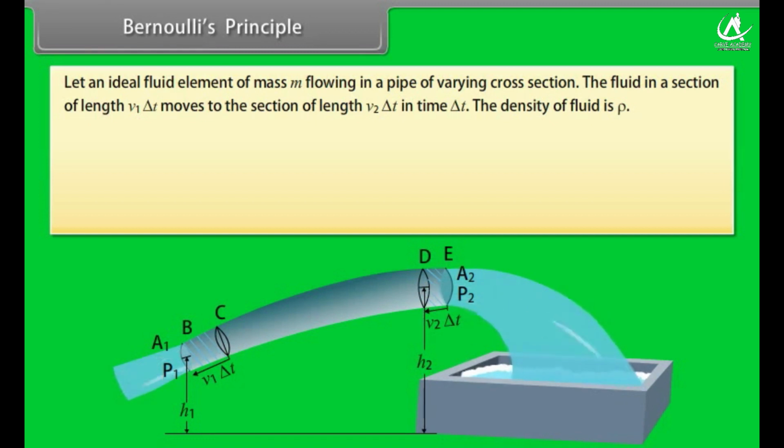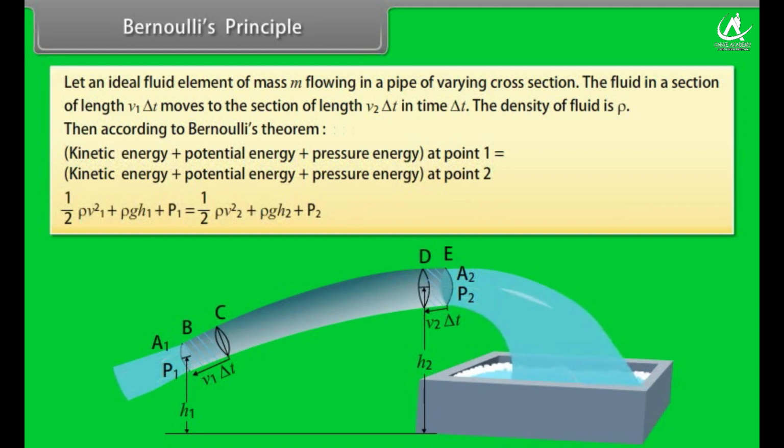The fluid in a section of length v1 delta t moves to the section of length v2 delta t in time delta t. The density of the fluid is ρ. Then, according to Bernoulli's theorem, the sum of kinetic energy, potential energy and pressure energy at point 1 is equal to the sum of kinetic energy, potential energy and pressure energy at point 2.